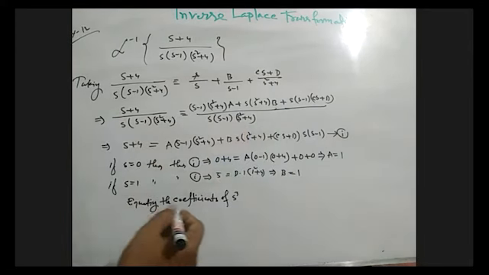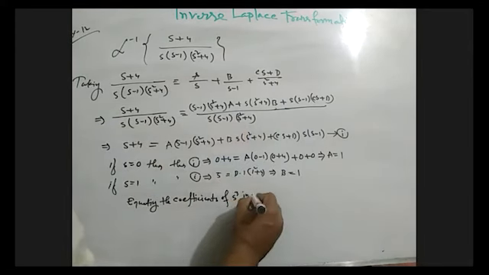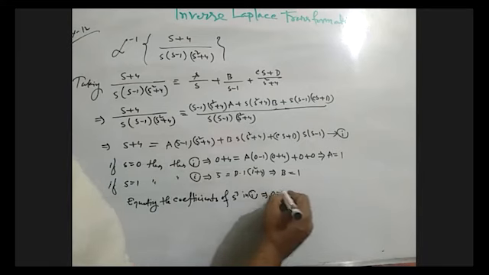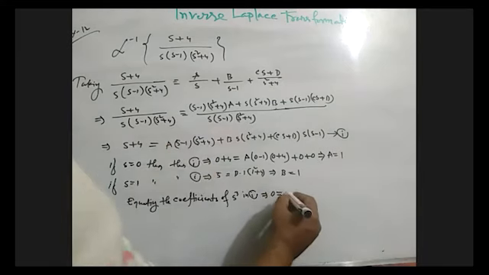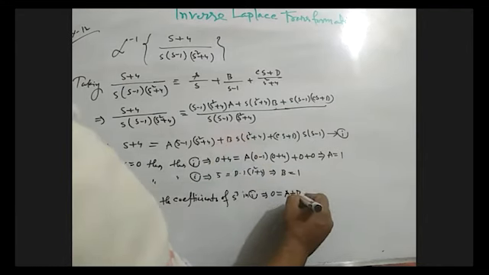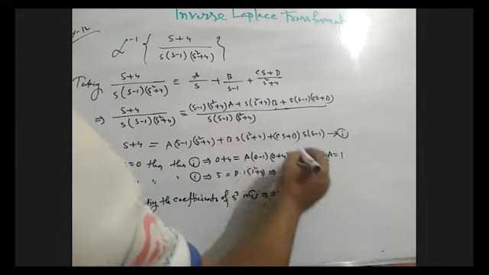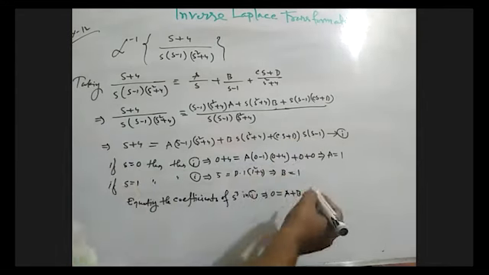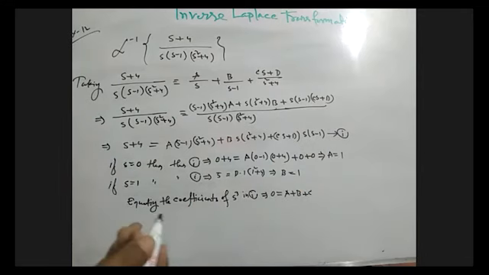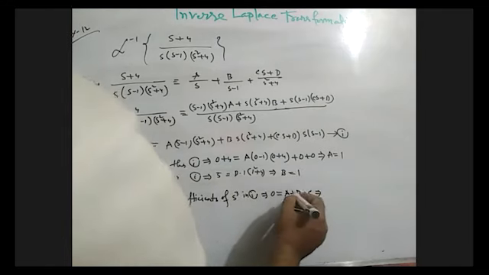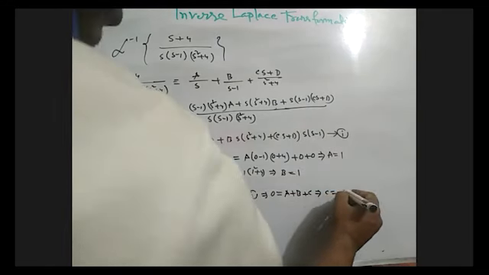Equating the coefficient of s cube in 1, we get the s cube coefficient on the left hand side is 0. On the right, the s cube coefficient is a, plus b, plus c, right? cs cube, and others are omitted because there is no s cube. So from here, putting a and b equal to 1, then c equals minus 2.